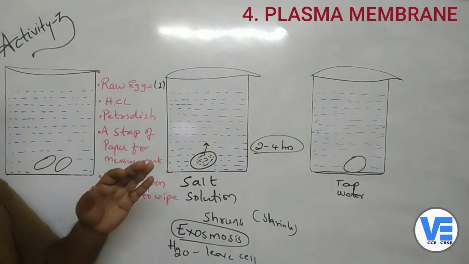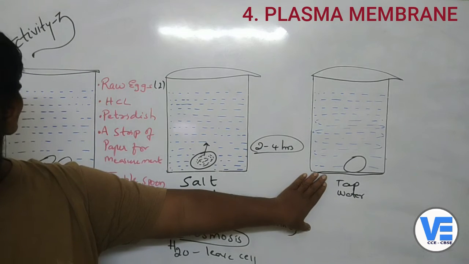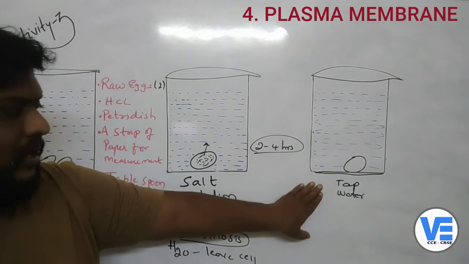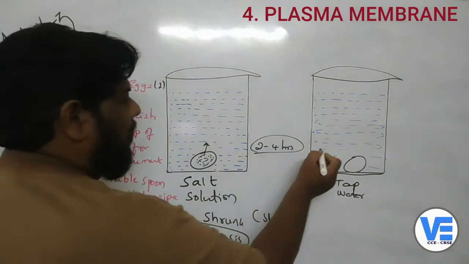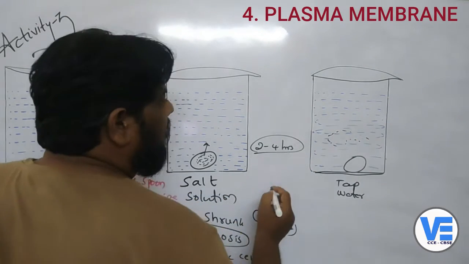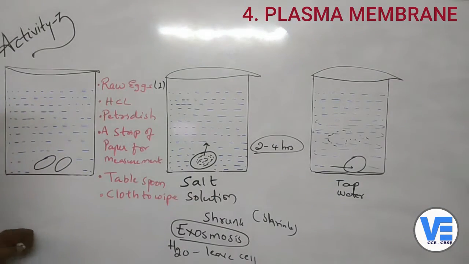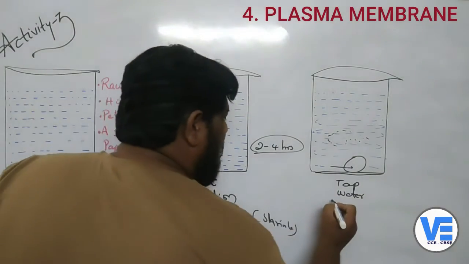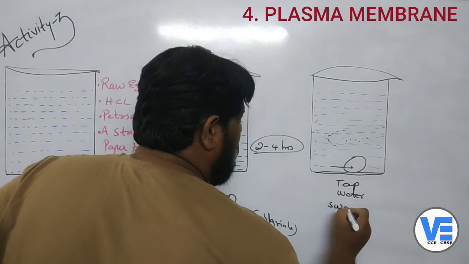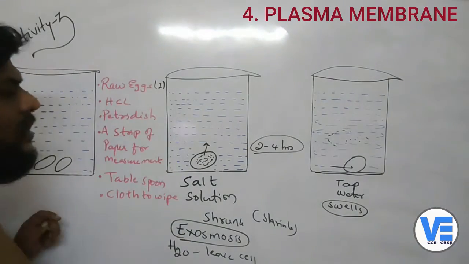Now we'll go to the other one which we have kept in the tap water. Here the water molecules from the beaker entered into the egg. Now you can see that the egg swells.